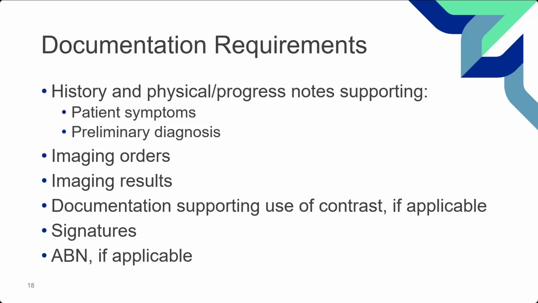So the documentation includes things like the history and physical or progress notes that support the patient's symptoms and the preliminary diagnoses. So what is leading the physician to believe that this person needs a CT scan of the abdomen or pelvis with or without contrast? We need to see that physician's orders for the service, and the orders should say with or without contrast.